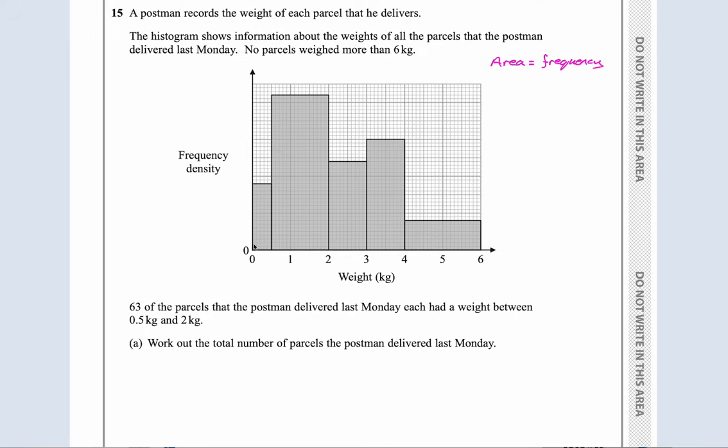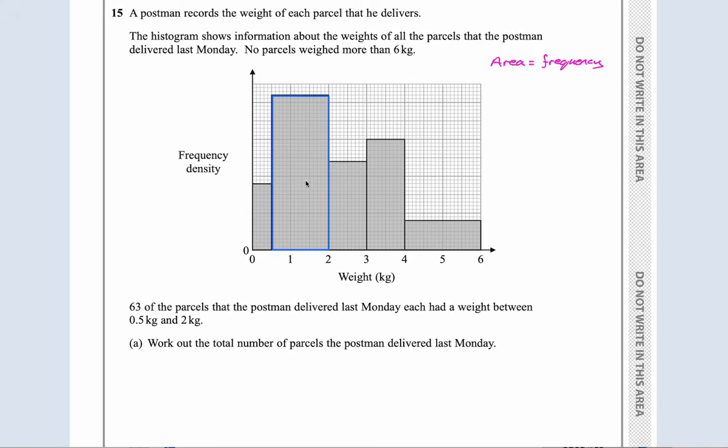Now he doesn't label the frequency density, so I don't actually know what these things are, but I can probably figure it out. Well, I can figure it out because I know that this length times this height has to equal 63, because he says there was 63 between 0.5 and 2.